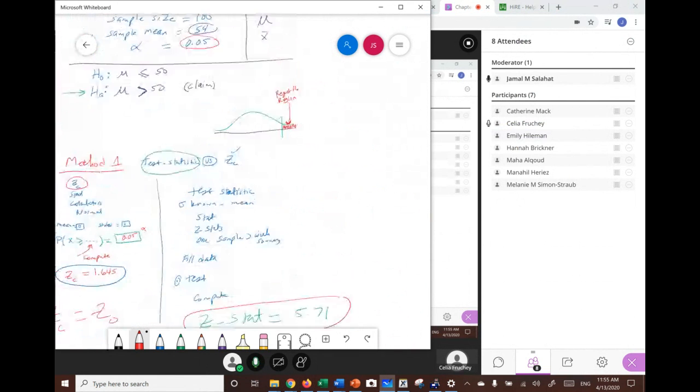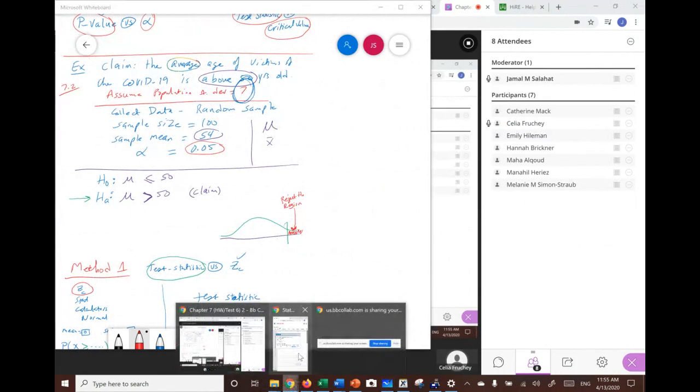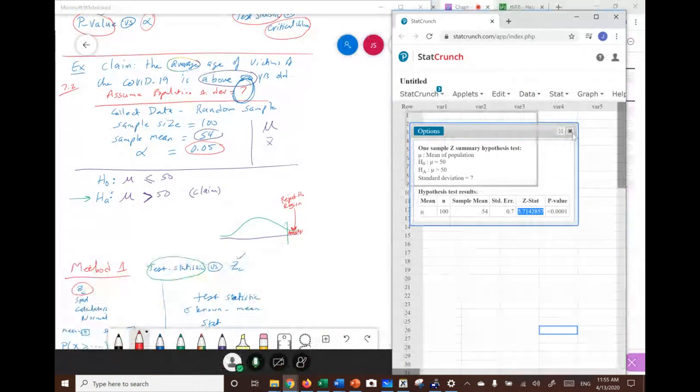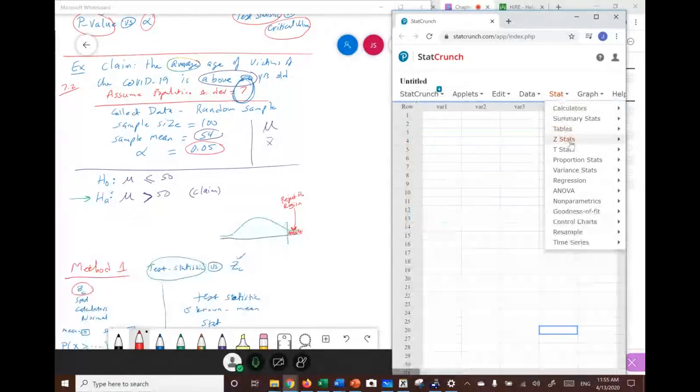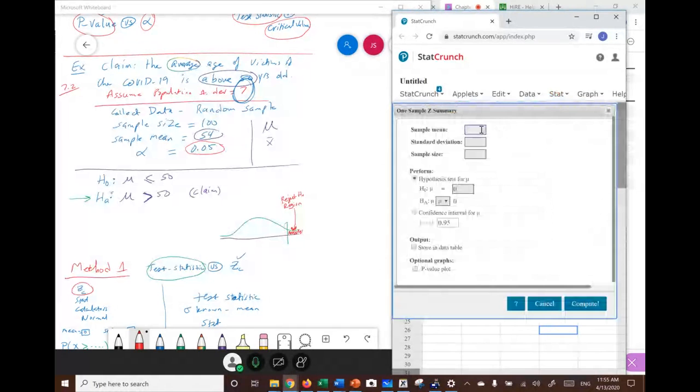And let me go from the top down in here. So here are the steps to find the p-value. You go to Stat, Z stat, one sample with summary. And then from the problem that we have, the sample mean is 54. So we just put the 54 in there.